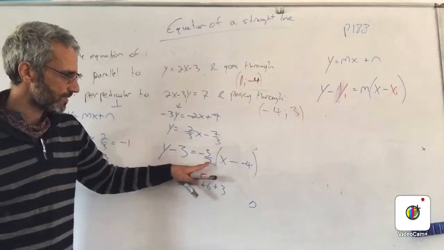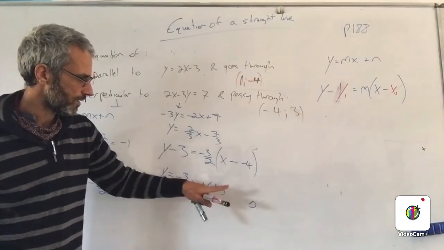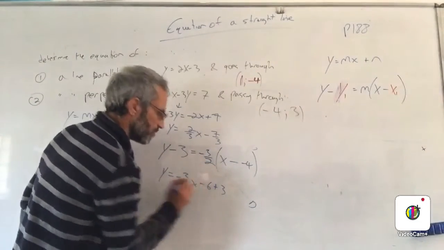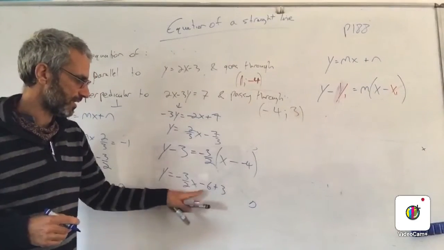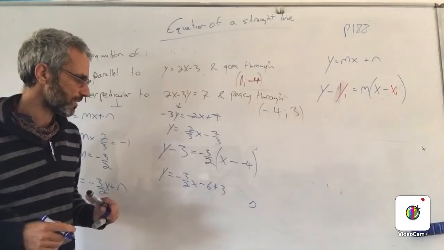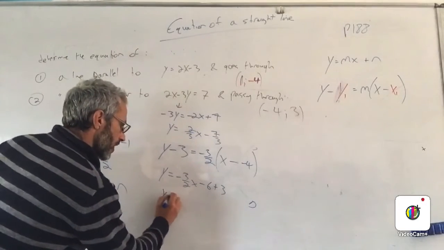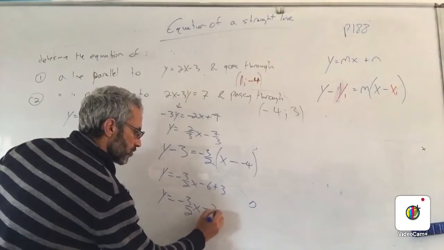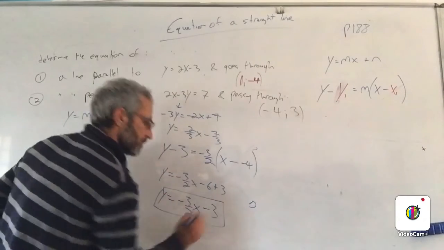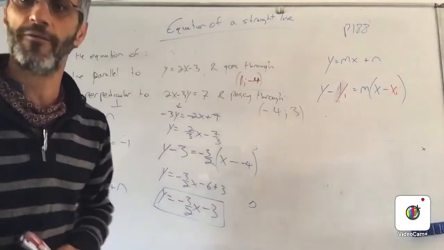Because that time, it should be -6. Sorry, it should be -6, right? Because minus times minus is plus, but then times minus is minus. Yes, you're right. Okay? So overall we get y equals -3 over 2x minus 3. That is my line. Okay? I'll just pause here for questions.